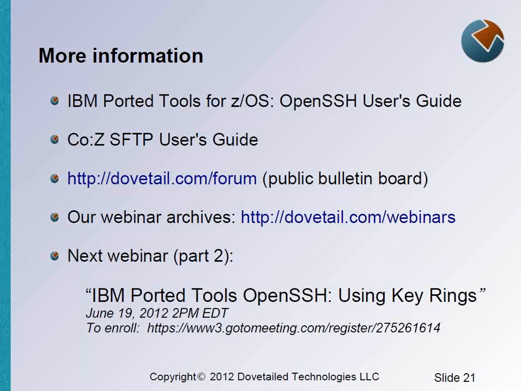Do you want to maybe just give a very brief overview of what we're going to cover next week, just at a real high level? Yeah, we're going to continue on with what we did today, and we're going to show how, instead of putting your private keys in a file, you can actually put the private key, typically in a self-signed certificate, in a z/OS key ring.